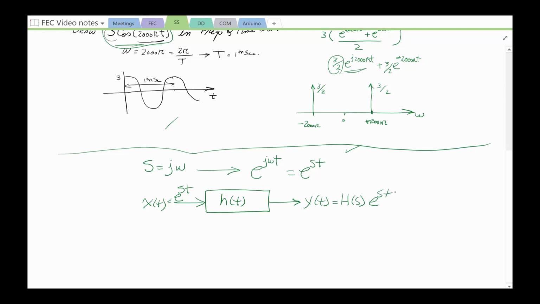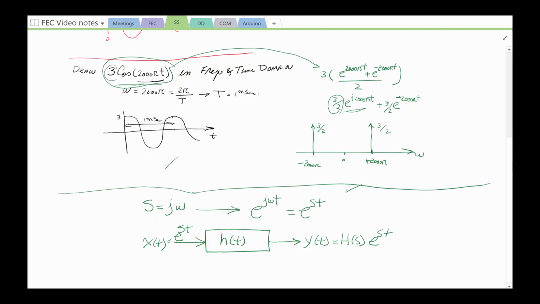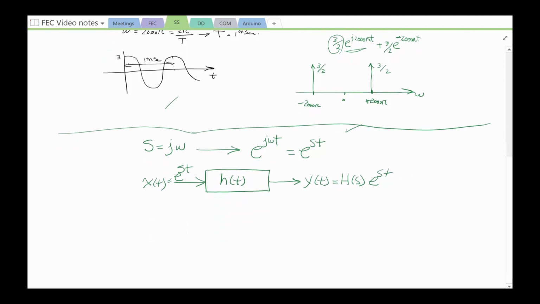So that would tell us, ooh, look at this, if I could do this, then somebody gives me an input that is e to the j omega t, and don't forget that we just showed that cosine, sine, and all that stuff is simply a combination of e to the j omega t or e to the st, and since this is a linear system, I can take each one of the e to the j omega t's, run them through, and add the results up, and I'm good to go.